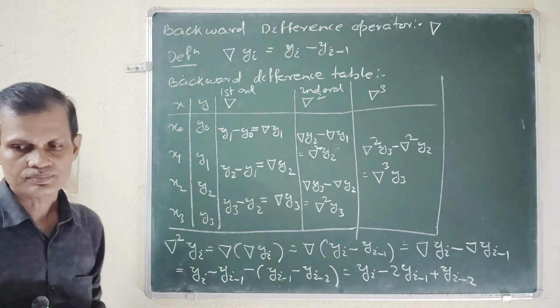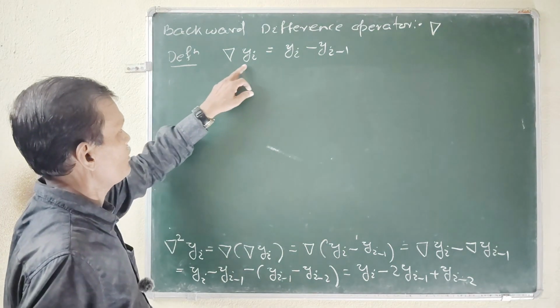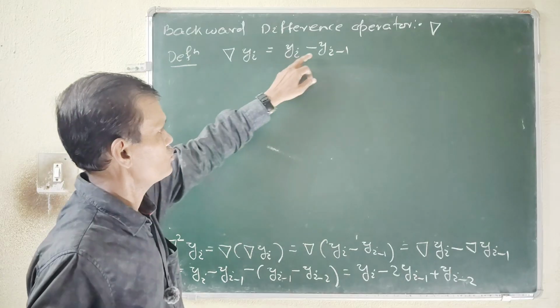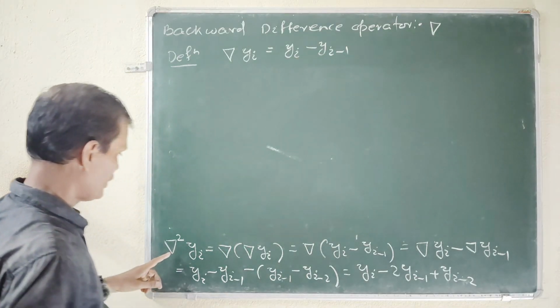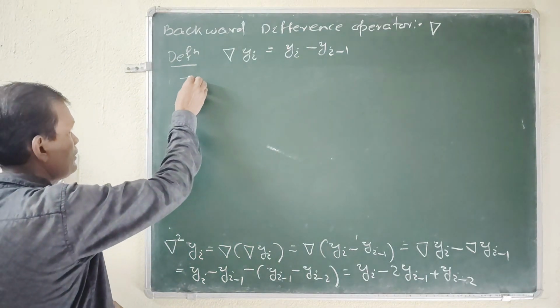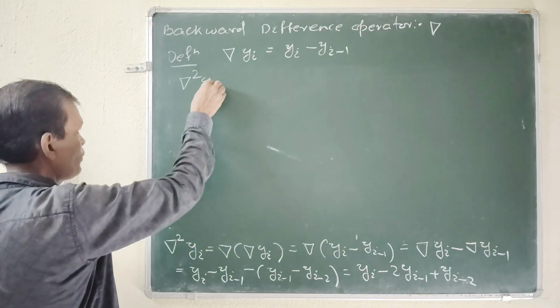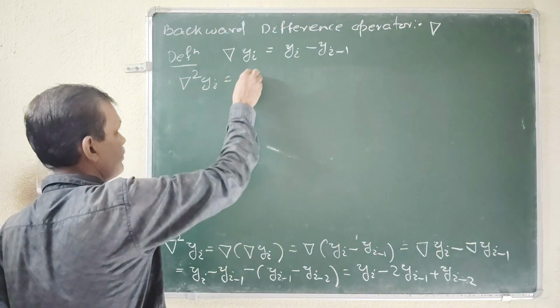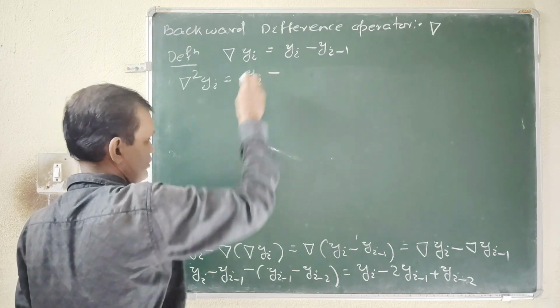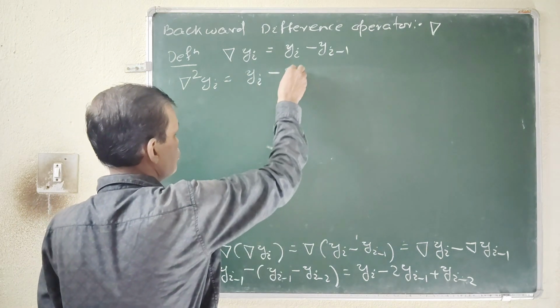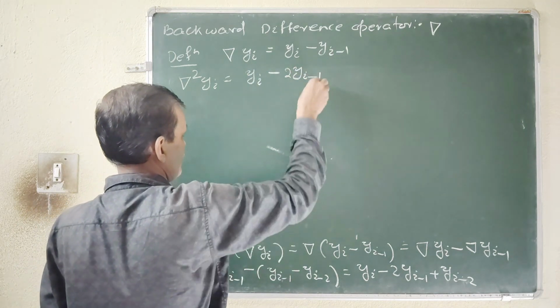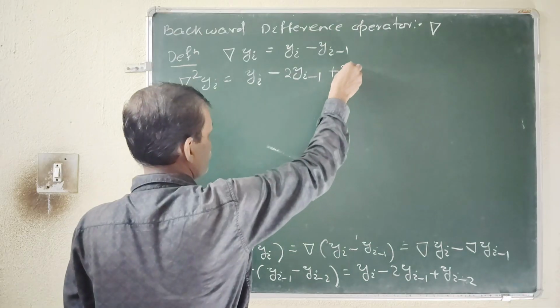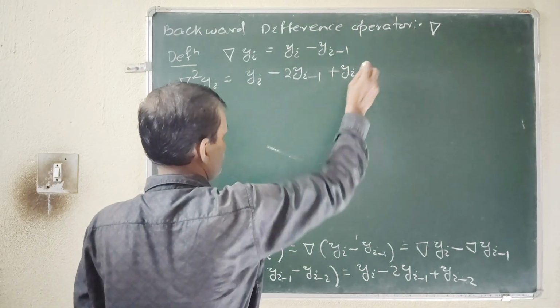Now we will summarize it. We have found backward delta yi is yi minus yi minus 1, and backward delta square yi equals yi minus 2 yi minus 1 plus yi minus 2.